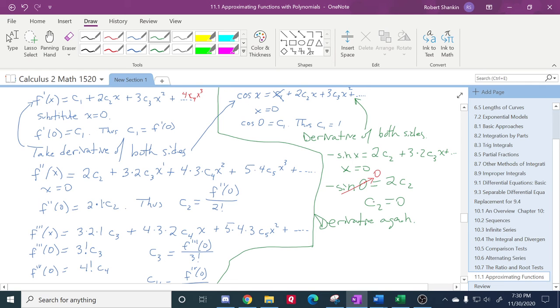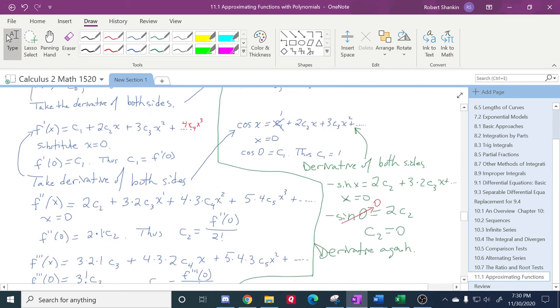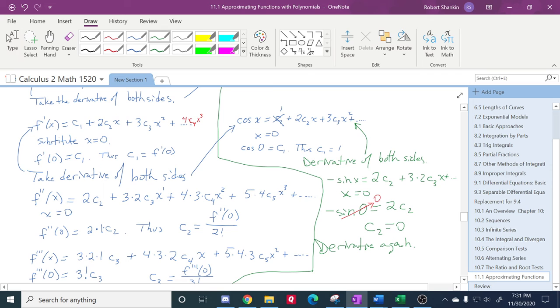When we take the derivative once again, the derivative of negative sine is negative cosine x, which is equal to, now this becomes 0, this becomes 3 times 2 times 1 times c3, plus, now all the other terms contain x.